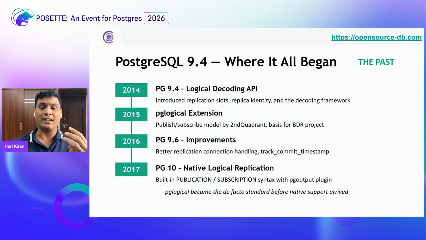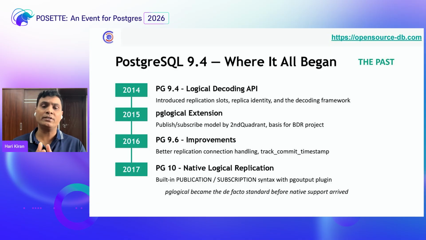First, replication slots that persist the tracking mechanism I just described. Second is the replica identity, the table level parameter that controls what information gets written to the WAL for updates, deletes, and the CRUD operations.